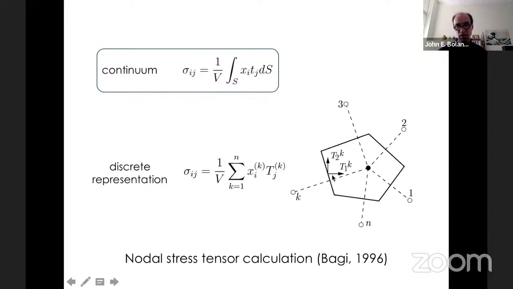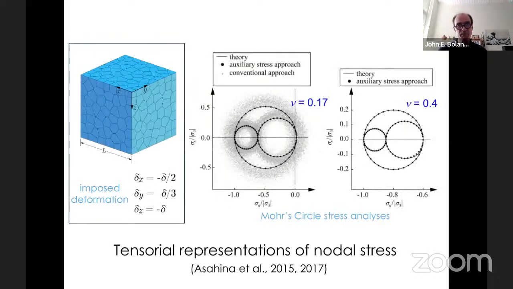So T1 is the force of the spring set in the X direction. T2 is the force of the spring set in the Y direction. And X is the spatial coordinates of this facet centroid with respect to the node. And through this formula, we can calculate tensorial measures of stress. And then we can compare with theory.